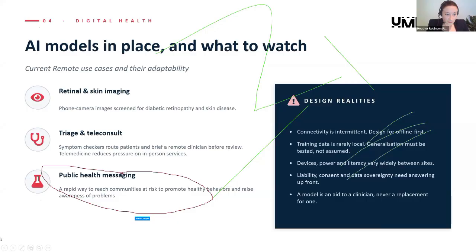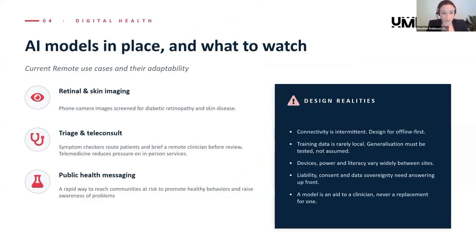Also, triage and teleconsultation. I think triage apps have been very popular from the beginning because there is such a high burden on a lot of clinics and health providers. Having triage models in place to be able to redirect people to the correct specialists and doctors, to be able to distinguish severity in patients, that's always been, I think, very high on the wish list for a lot of providers.